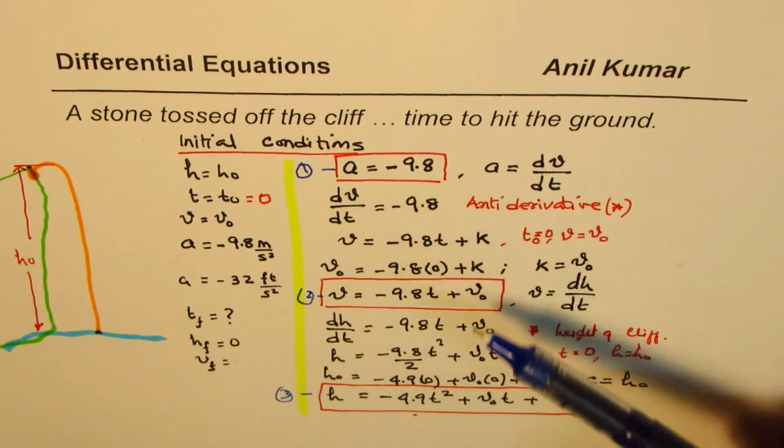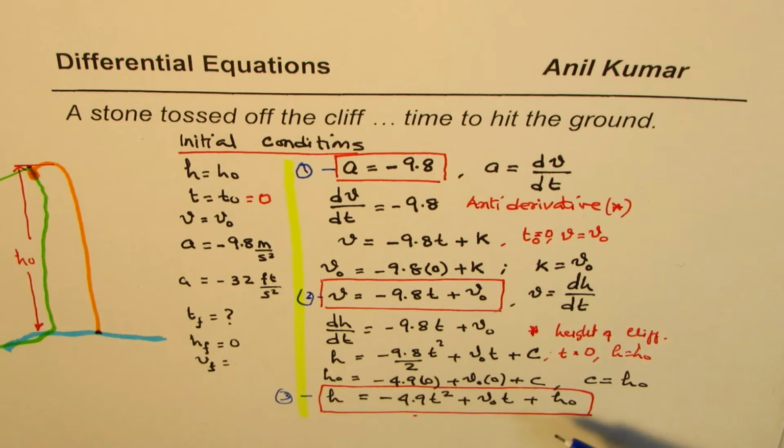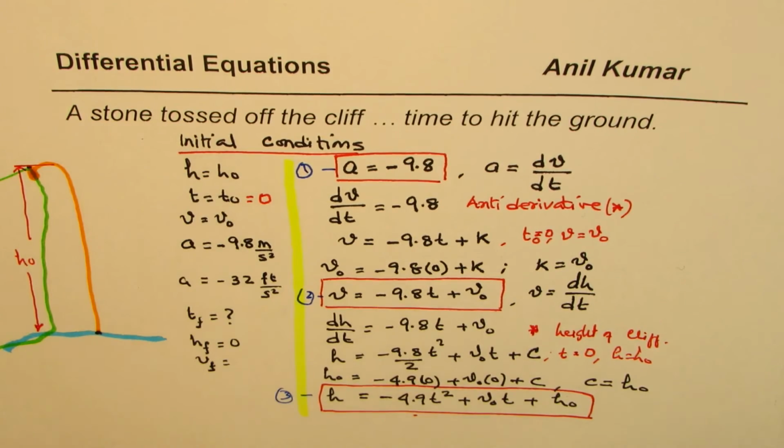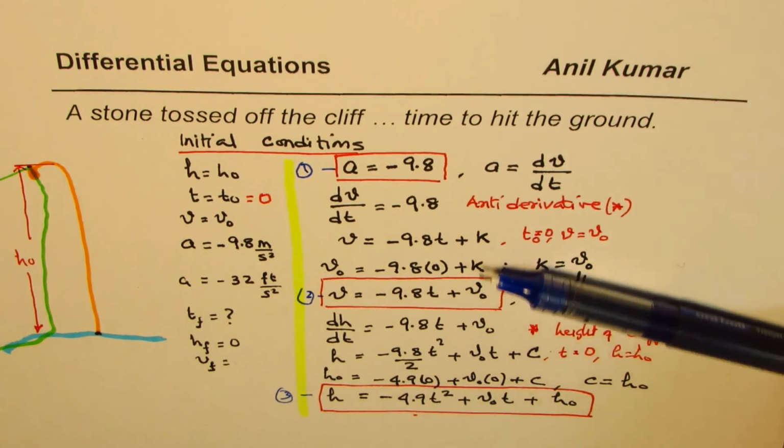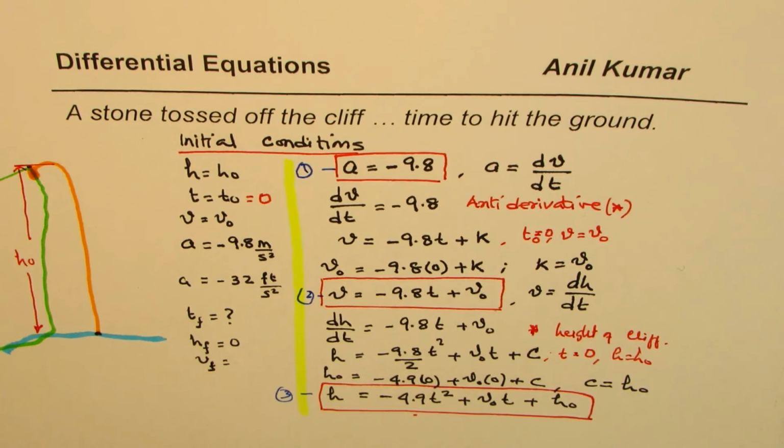Now these three equations are extremely important to solve any question which is based on tossing a coin off the cliff and then finding time or the height at any instance, right? So these are the three equations which we'll be working on. The important thing is these are also the major steps which you have to follow to solve such a problem.